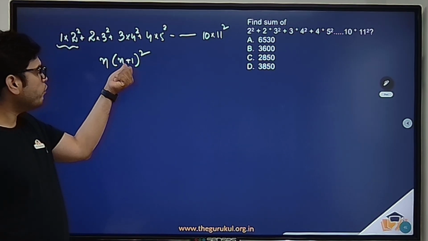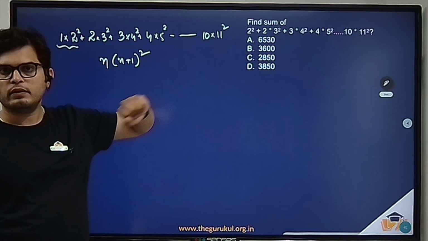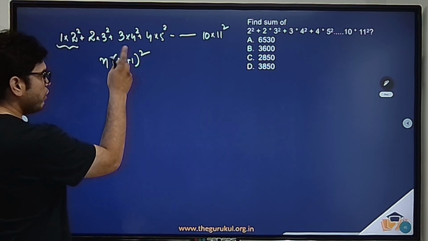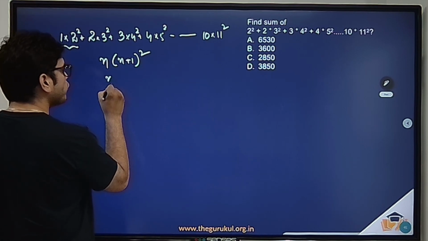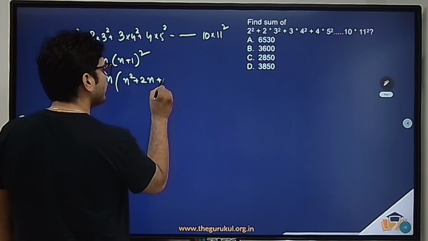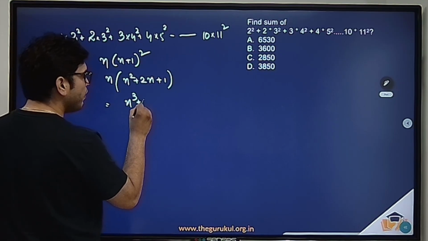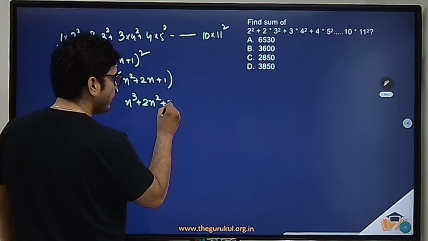So 1 into 1 plus 1, 2 square, 2 into 3 square, 3 into 4 square, so on till 10 into 11 square. Now if I expand this, we would have n into n square plus 2n plus 1. This is nothing but n cube plus 2n square plus n.